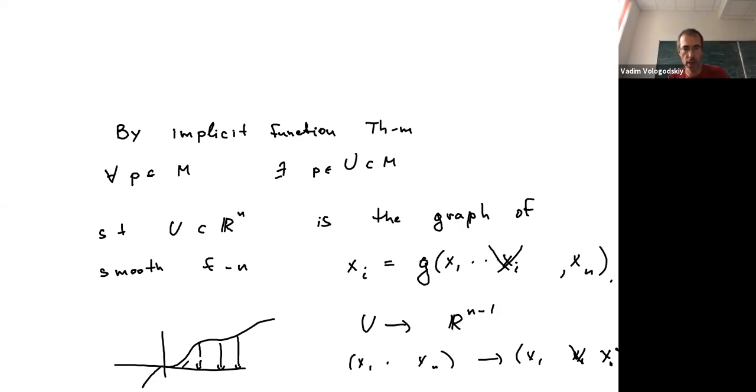So I look at functions on this graph which are smooth as functions in all these n minus 1 variables. And those functions are precisely the functions on the graph which are restrictions of smooth functions on Rn.